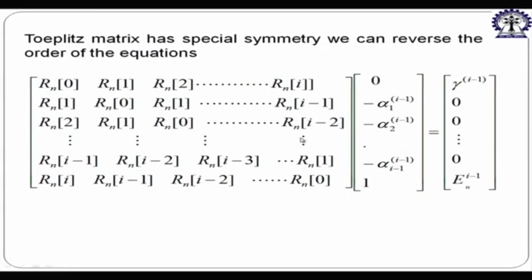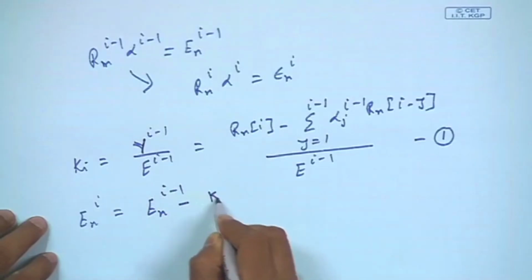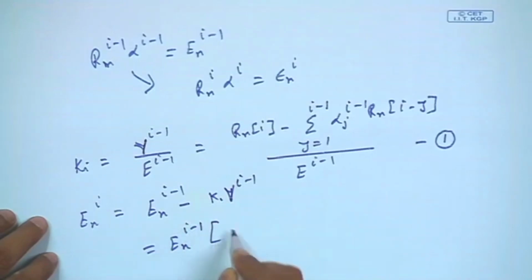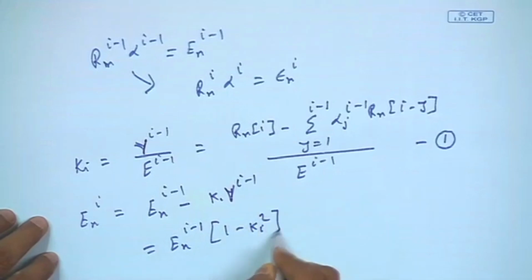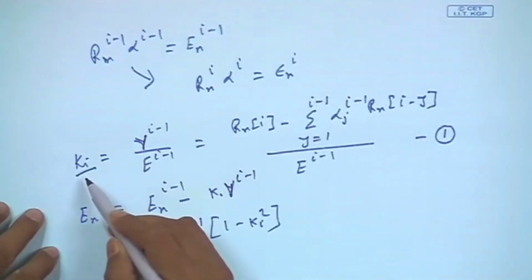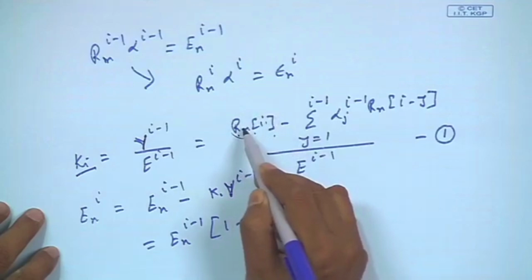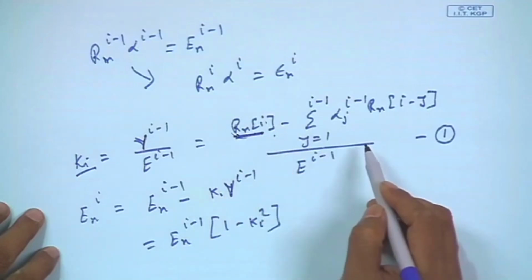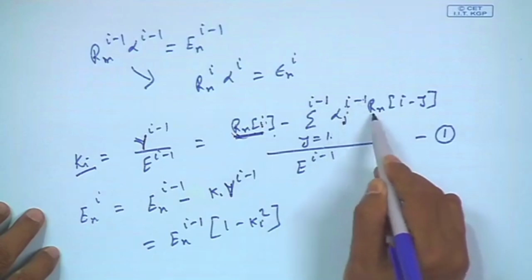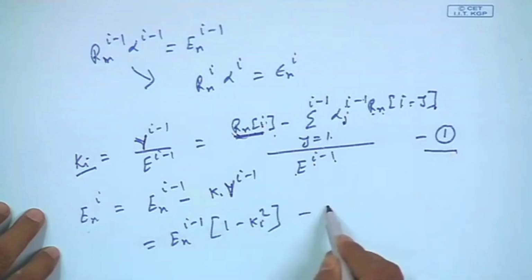If I use that value, then E_n(i) becomes E_n(i-1) minus k_i gamma(i-1), which is nothing but E_n(i-1) times (1 minus k_i square). So k_i is r_n(i), the ith autocorrelation coefficient, minus the sum over j equal to 1 to i minus 1 of alpha_j(i-1) r_n(i-j), divided by E(i-1). This is equation number 1, and this is equation number 2.